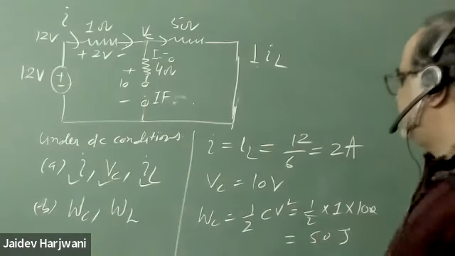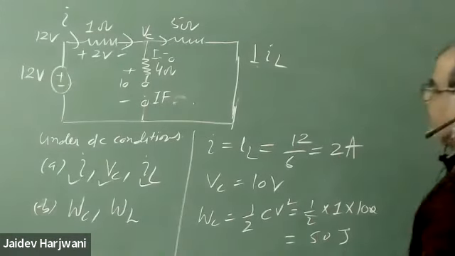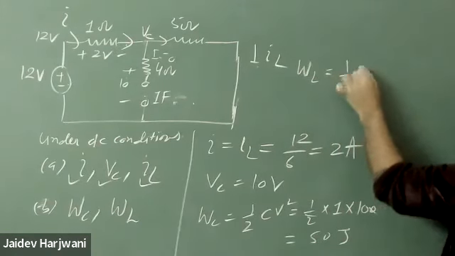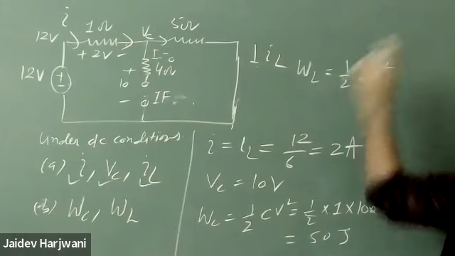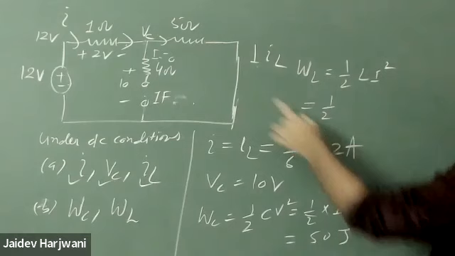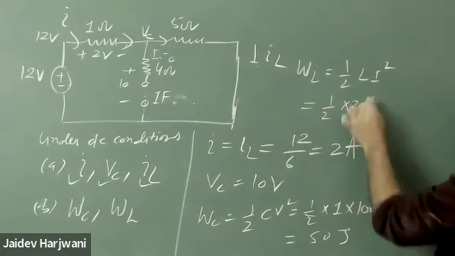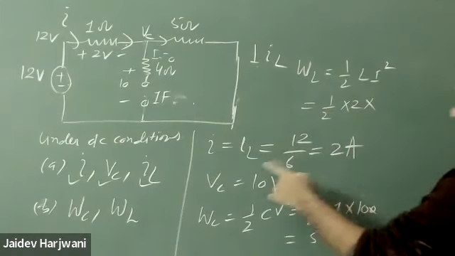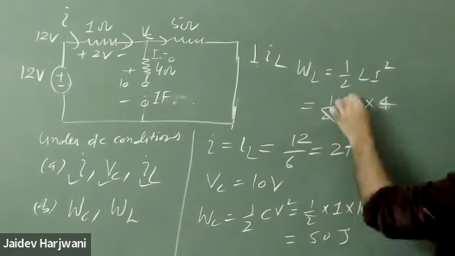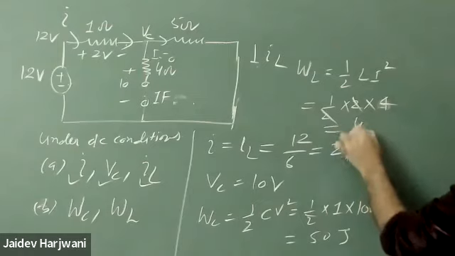Similarly, I can calculate WL. WL is half L I square. So half, L was 2 Henry, I was again 2 ampere, 2 squared becomes 4. So this is 4 joule.